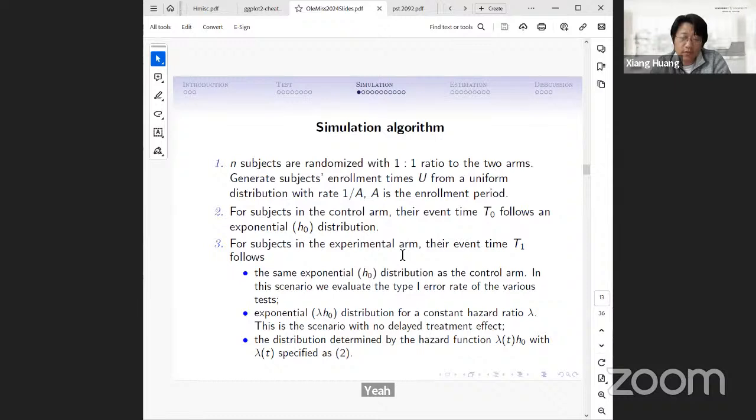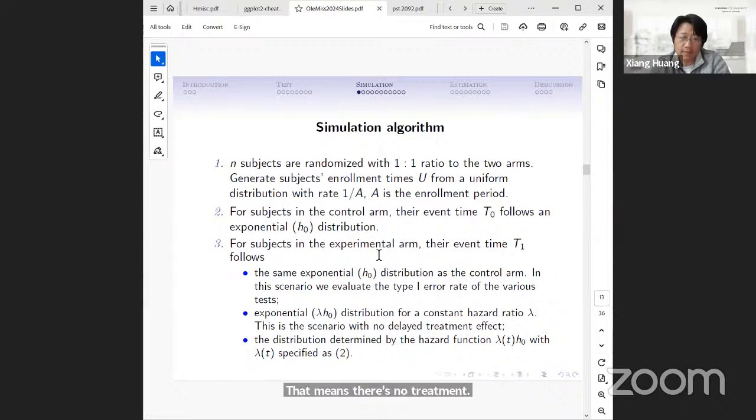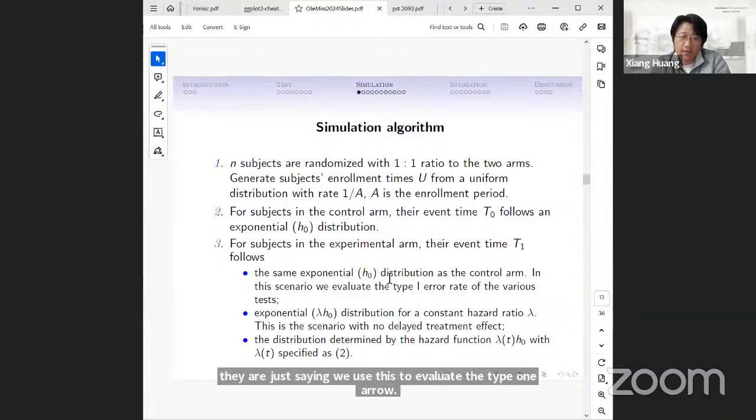For the experimental arm, there are several ways to design it. We can assume the same exponential distribution as the control arm, which means there's no treatment effect, and we use this to evaluate the type 1 error rate of the various tests.